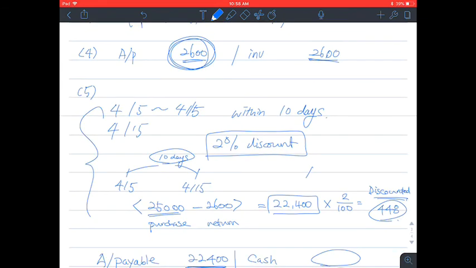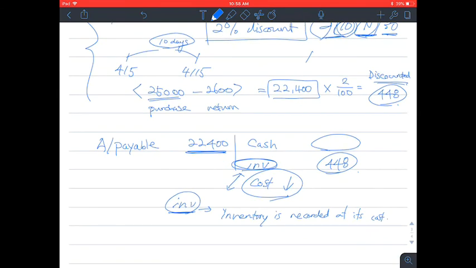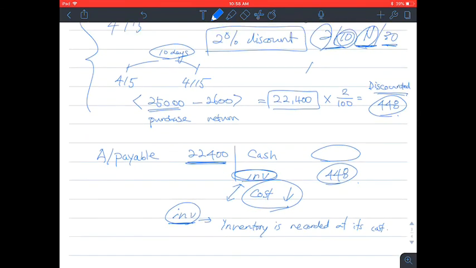So 2/10 net 30 is 2% discount for 10 days, net, so the full amount in 30 days. Okay, yeah. And you see here that when the discount happens, using this method, you're going to decrease the cost of your inventory when you pay in 10 days.